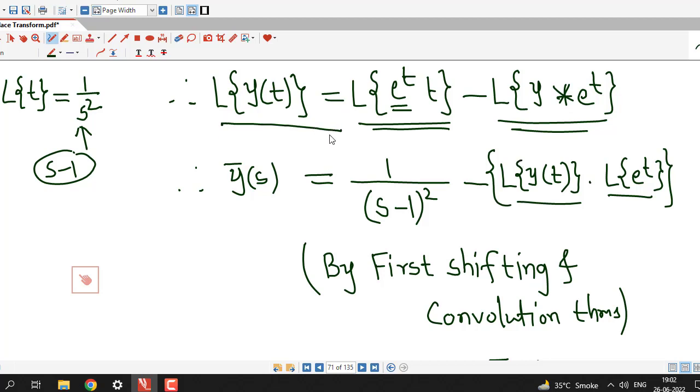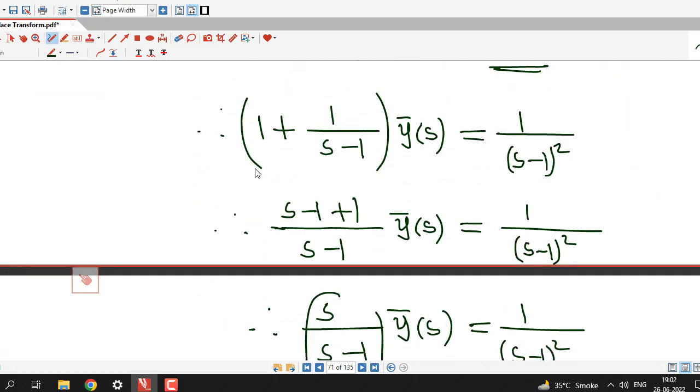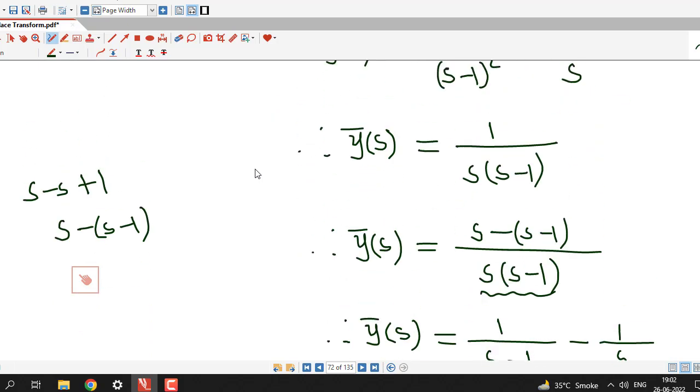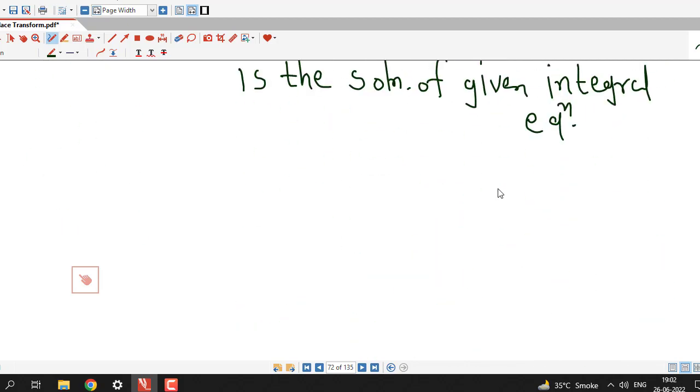Once we apply the Laplace transform, we have to find y bar s after simplifying, and once we obtain y bar s, we have to find the inverse Laplace transform of y bar s, which is y of t. So I think we have done enough problems on integral equations.